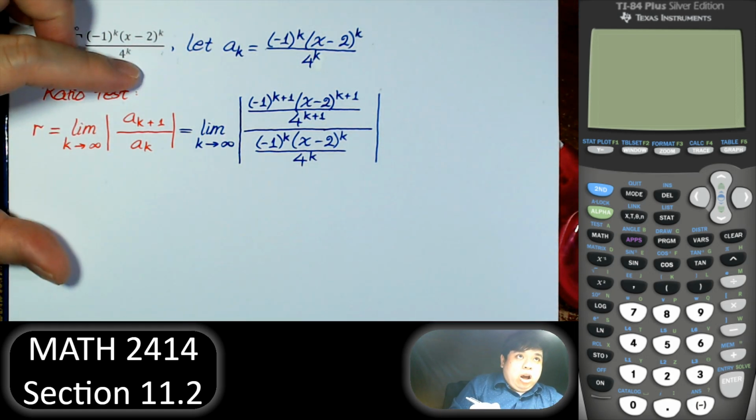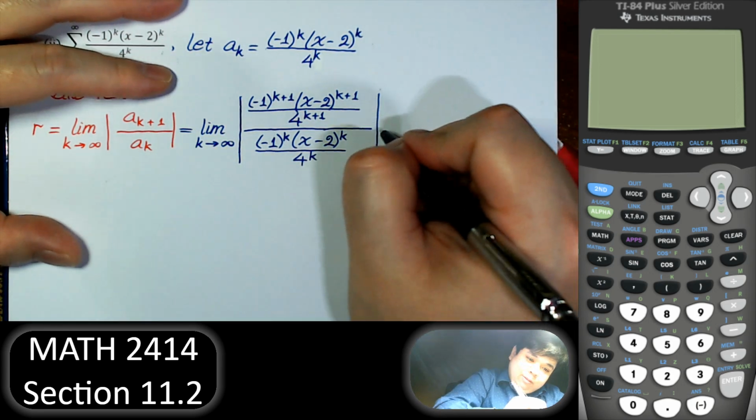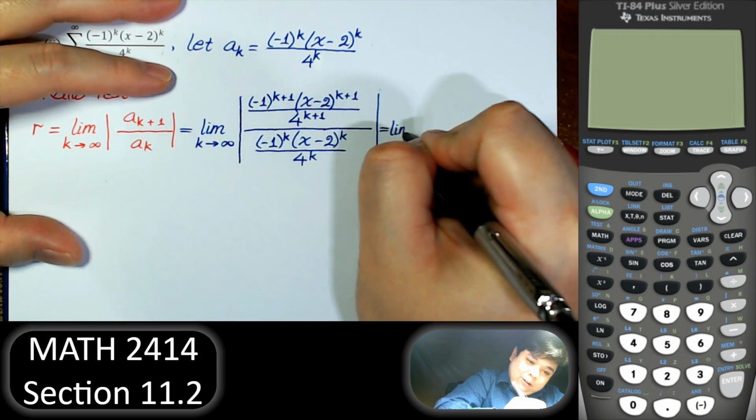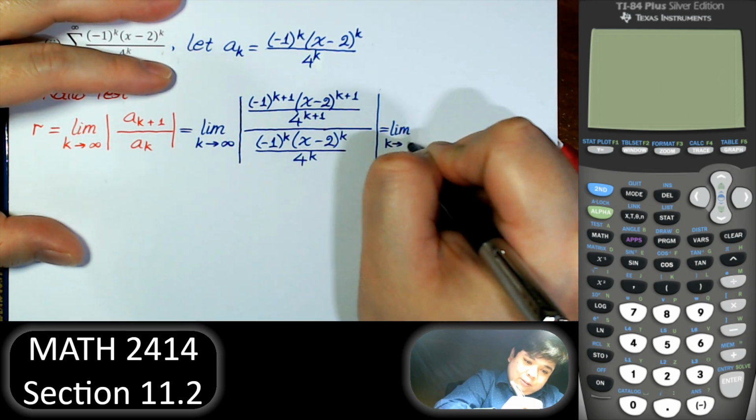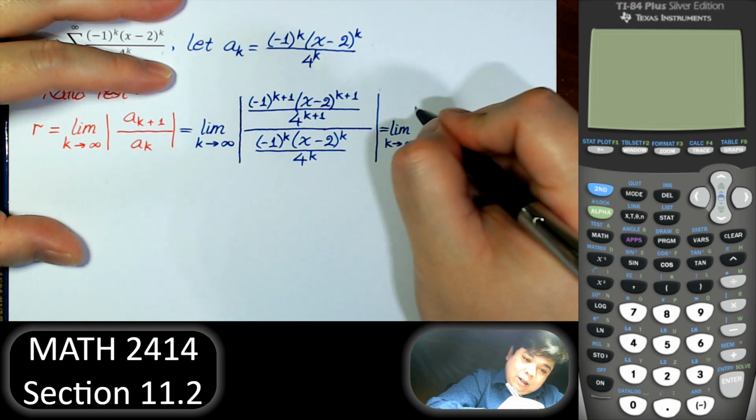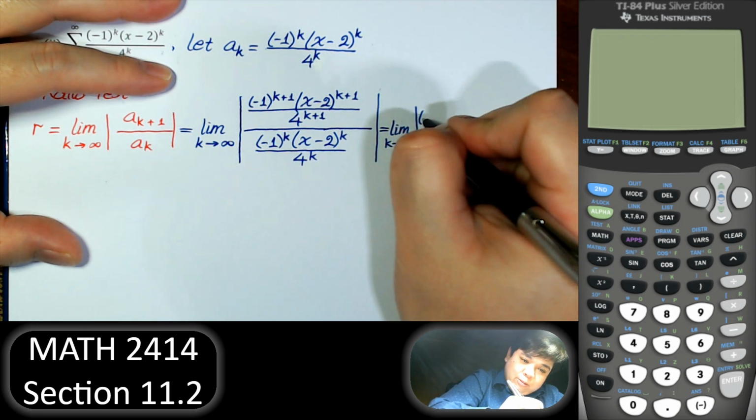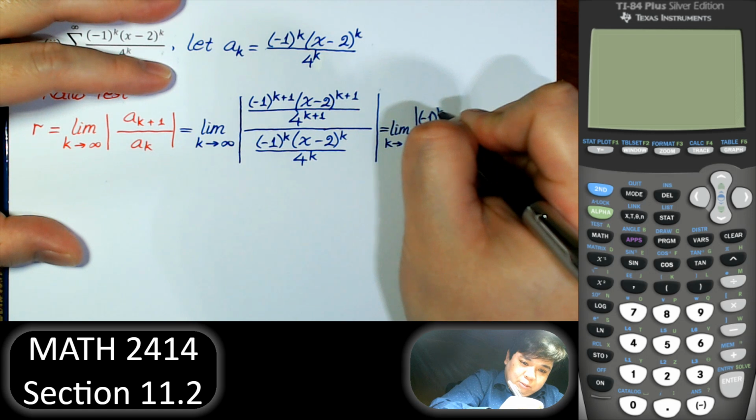Multiply by the reciprocal. Let's try to write a little smaller.